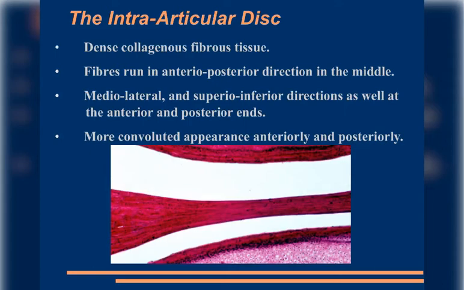But in the anterior and posterior ends, plus the anterior-posterior direction, we find mediolateral and superior-inferior directions. So basically there are fibers running in all directions in the anterior and posterior parts. But in the middle, we only have the anterior-posterior direction.